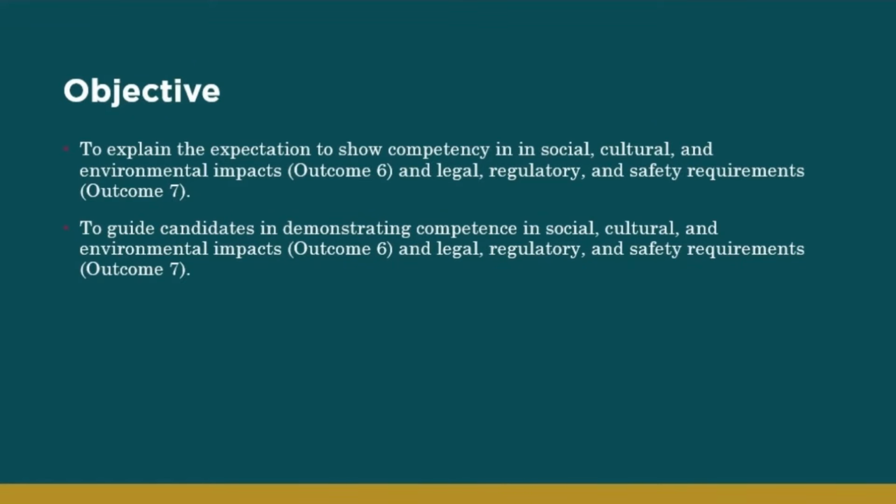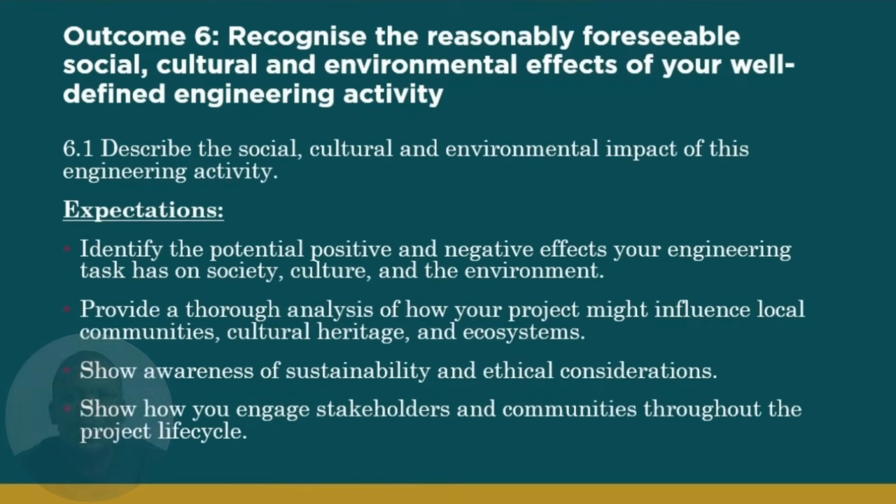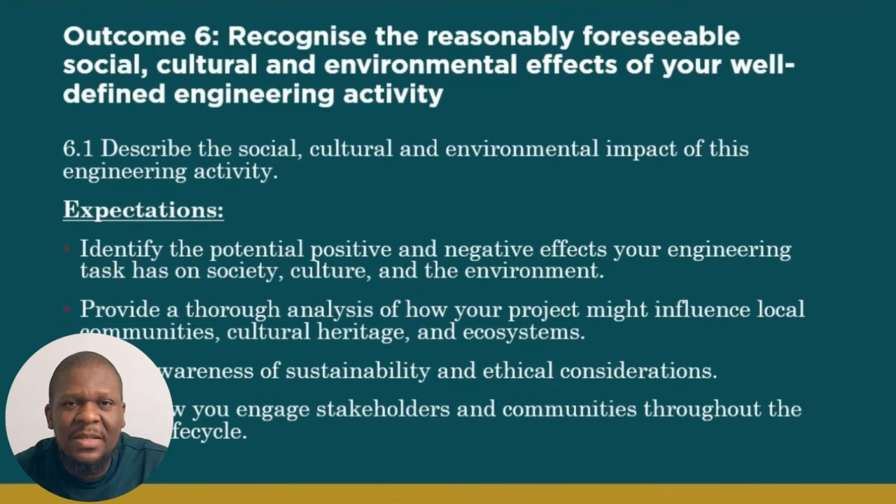Additionally, it is to show candidates examples of how to demonstrate competency in outcomes 6 and 7. Now, outcome 6 states: recognize the reasonable, foreseeable social, cultural, environmental effects of your well-defined engineering activity.